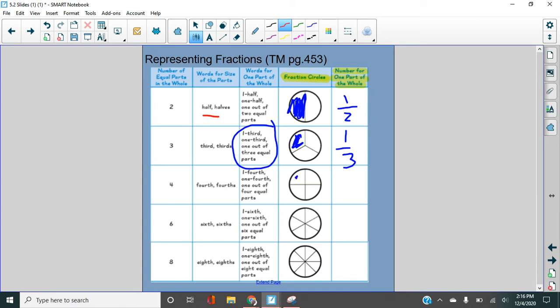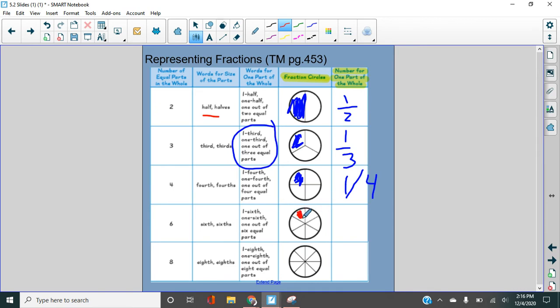Okay, down here, let's just shade in. We're still shading in one of those pieces. So we could say one fourth. What numbers would we write? 1/4. Yeah, when you're typing it, you have to remember, you have to use that key. It's the same key as the question mark. So you write it like this and you don't put any spaces there. 1/6.